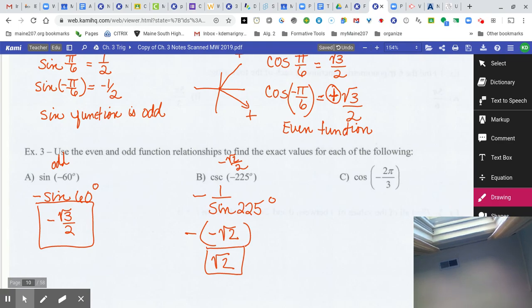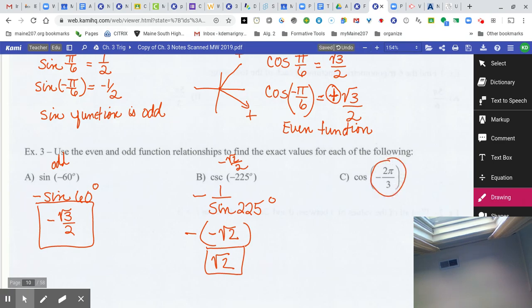The last one is the cosine of negative 2 pi thirds. So since we said that the cosine angle is an even function, it will remain the same. So when I do the cosine of negative 2 pi thirds, the cosine of 2 pi thirds is going to give me the same value.